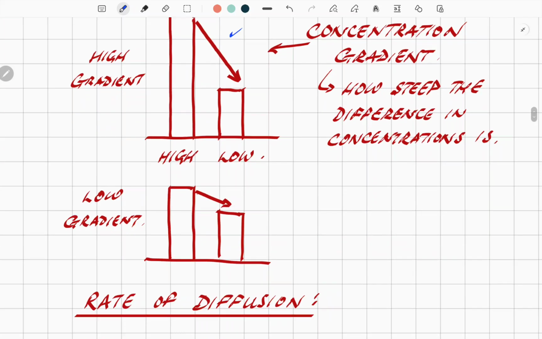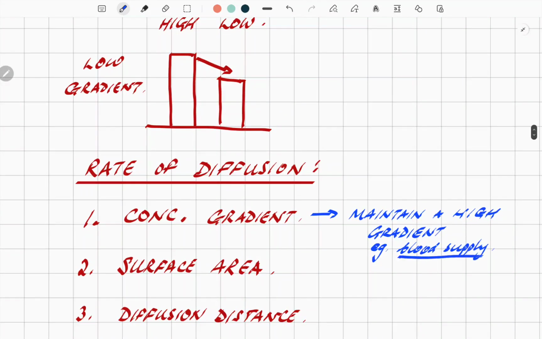But what happens is you're constantly getting blood flowing through. Each bit of blood picks up some oxygen, goes away, and then some fresh blood arrives that doesn't have as much oxygen. So you're always maintaining a high concentration gradient, and you always get very fast diffusion of the oxygen from the air into the blood. Does that make sense?